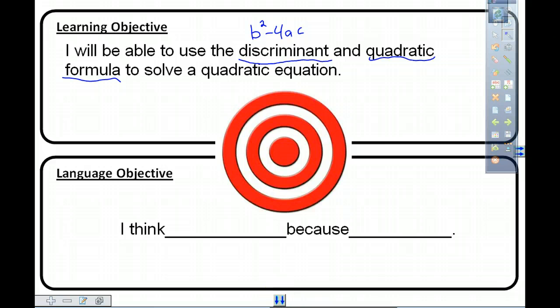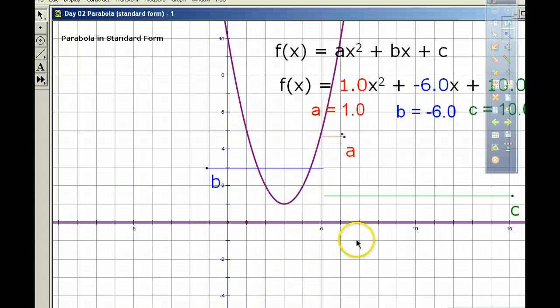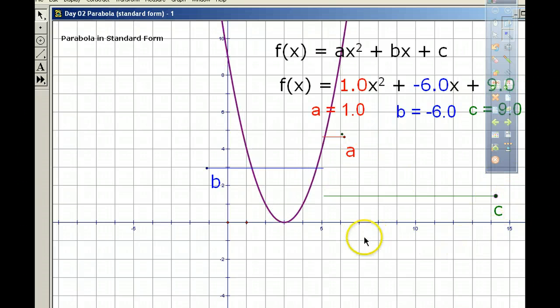So before we begin, though, let's review graphically what everything means. How many solutions does this have? 1, because it intersects the x-axis 1 time. And when you have one solution, it's true that the vertex is also the x-intercept.